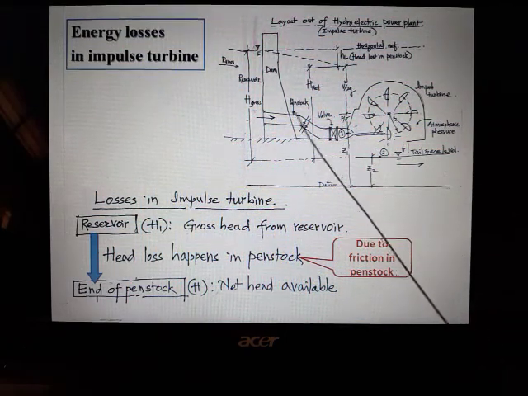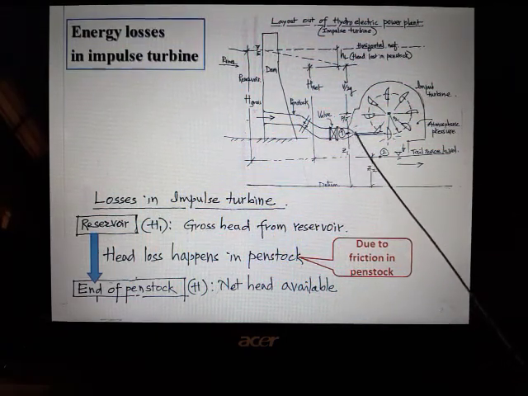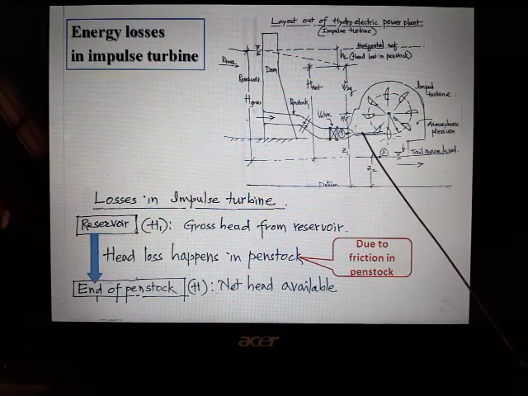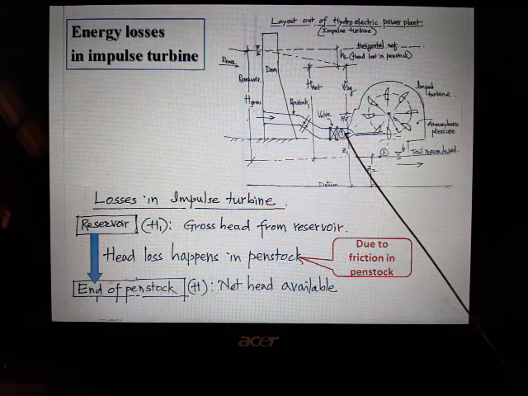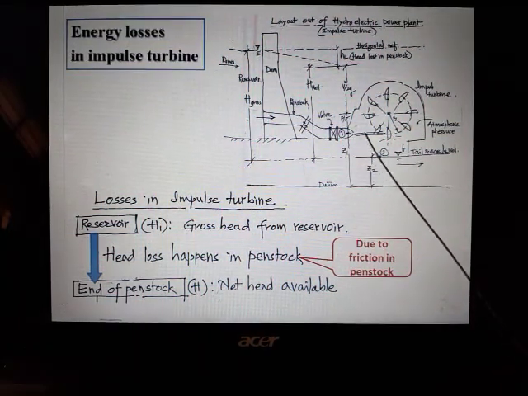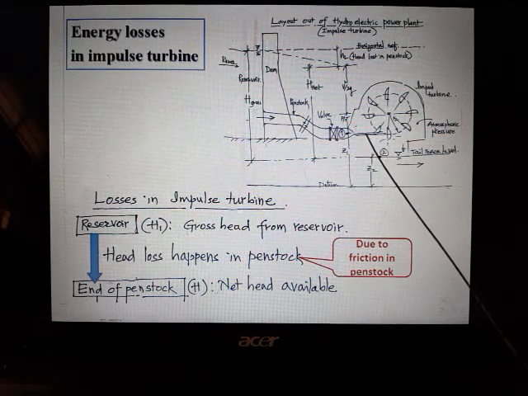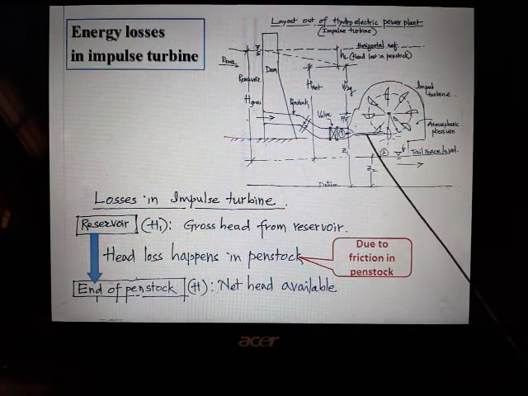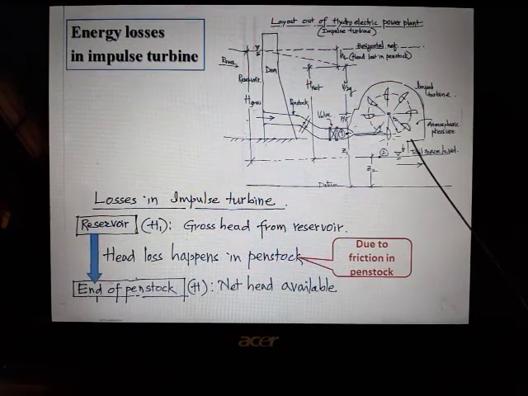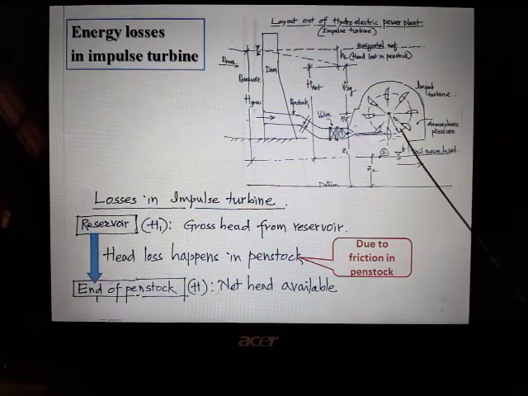And after coming to this particular point, the water comes out in the form of a jet through a nozzle. Again, there will be some loss. With the high-velocity water, not all of it may touch the vane; some of the water may just go like that. Then there will be energy loss.